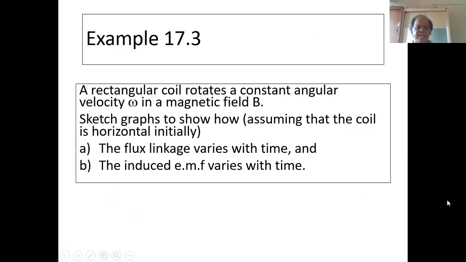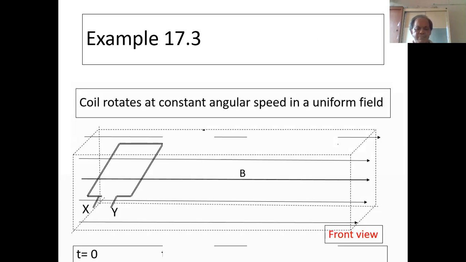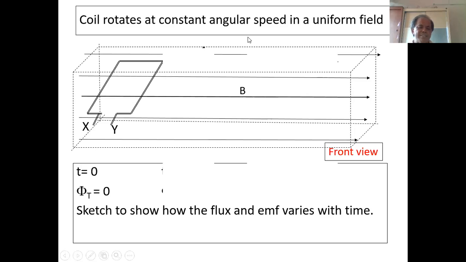Okay, let's draw this rectangular coil, rotates at a constant angular velocity omega in a magnetic field B. Sketch a graph to show, assuming the coil is horizontal initially, how the flux linkage varies with time and the induced EMF varies with time. Okay, imagine 3 dimension.